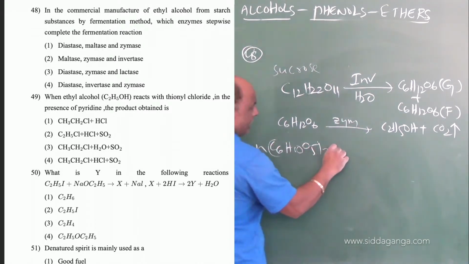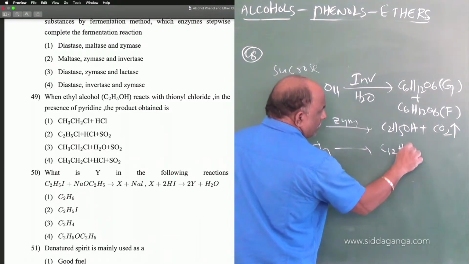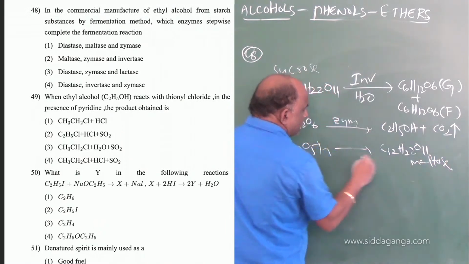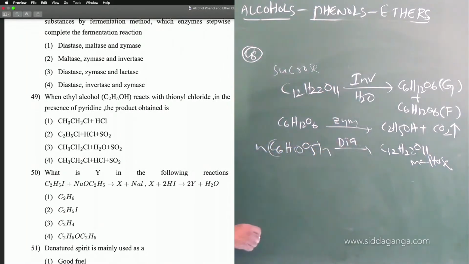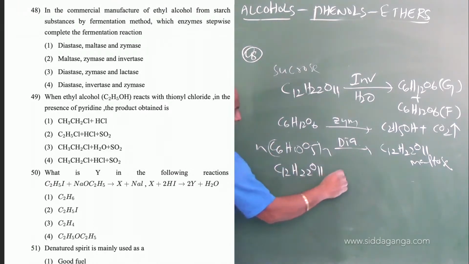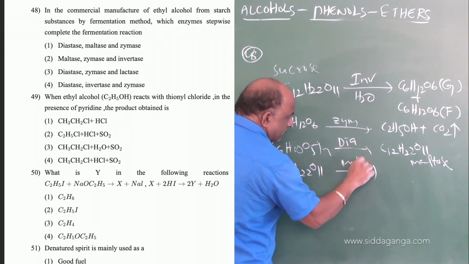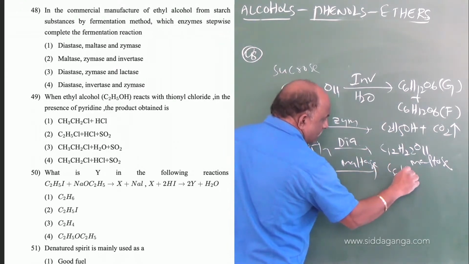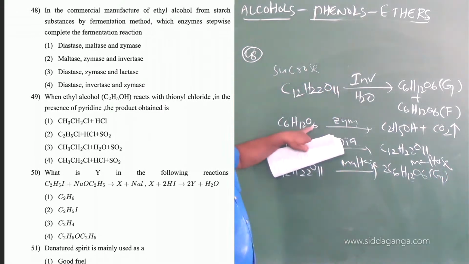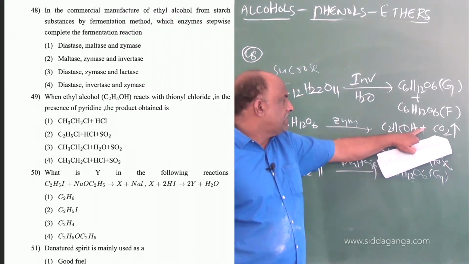(C6H10O5) taken n, then we will get C12H22O11. This is maltose, and this reaction takes place in the presence of diastase. Maltose C12H22O11, the enzyme name is maltase, gives C6H12O6, 2 molecules of glucose, and the third step, glucose to ethyl alcohol and carbon dioxide, we required zymase.